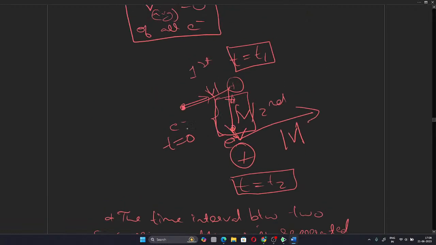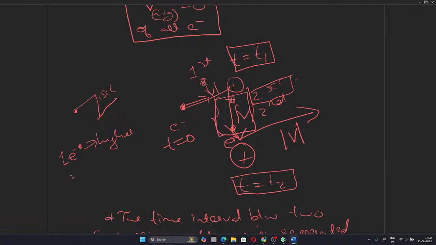For example, this electron had a time of 2 seconds before collision, let's assume. But in another case, one more electron only had a time of 1 second before collision, 1 second of gap or time interval between two collisions. So A electron might have a higher time interval, but B electron might have a lesser time interval.